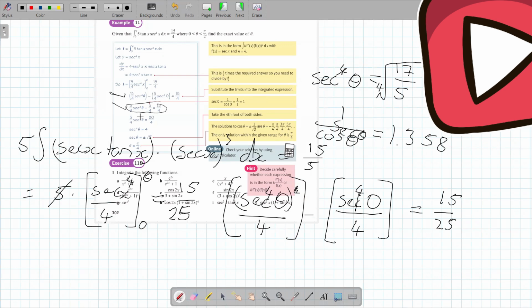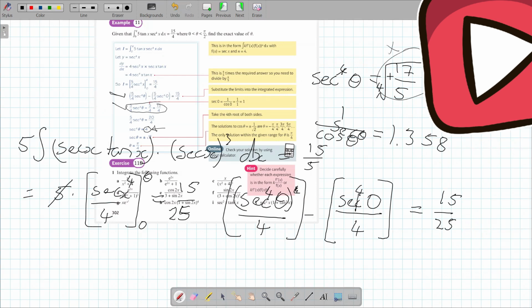But my number on the other side is different. This should be 4 using your calculator. Check it again. This should be 4 on the right hand side, not this whole. This is incorrect.